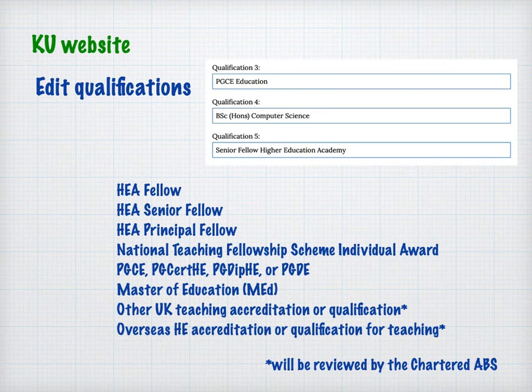If you've got an overseas teaching qualification or accreditation, it may take CABS a little bit longer to review what you've submitted, but it has to be in here anyway. Now, what's important is what you put here will have to match what you put in your application later on.